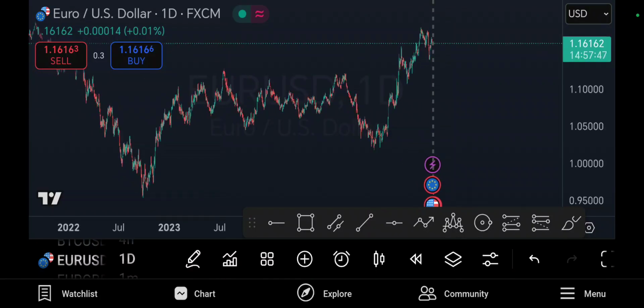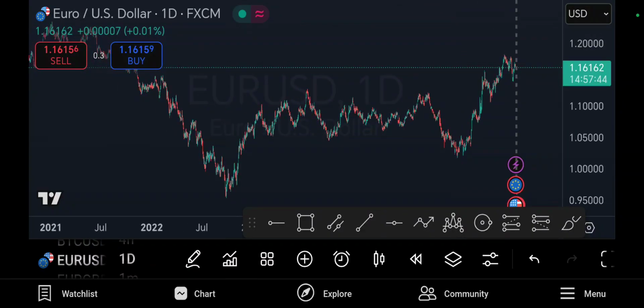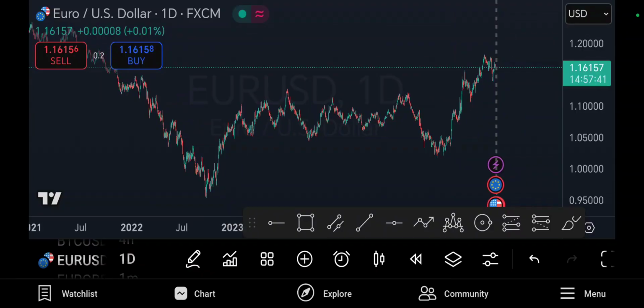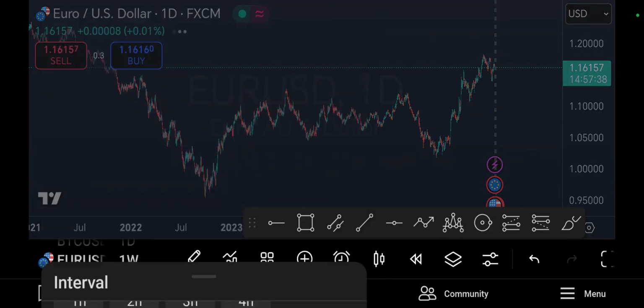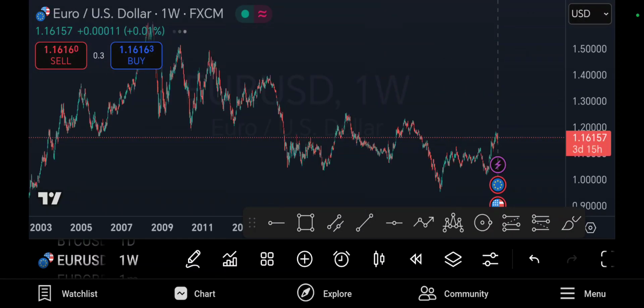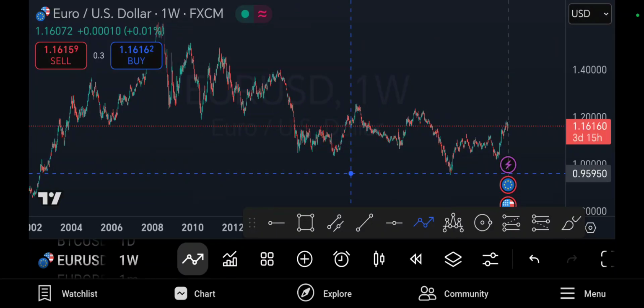Okay, first things first, we go to the daily time frame. Basically, we go to the highest time frame, and then we mark out our zones. Okay, we'll do the weekly. So as we can see, this is the lowest of the low. Look left. Let me just mark it out.